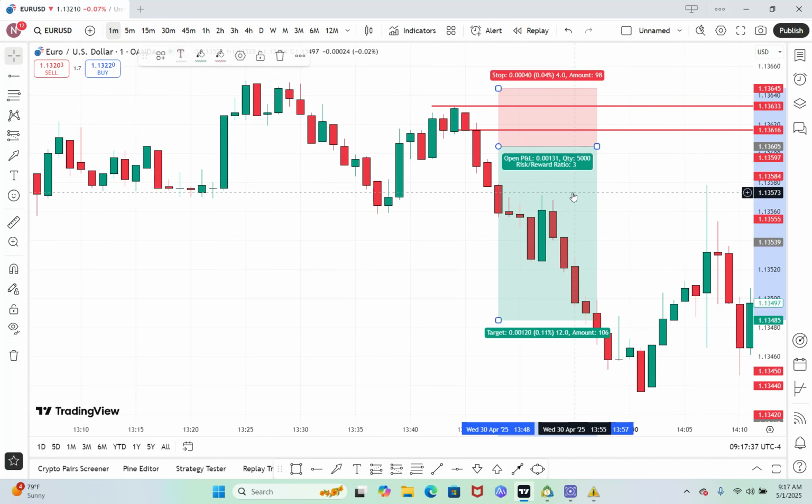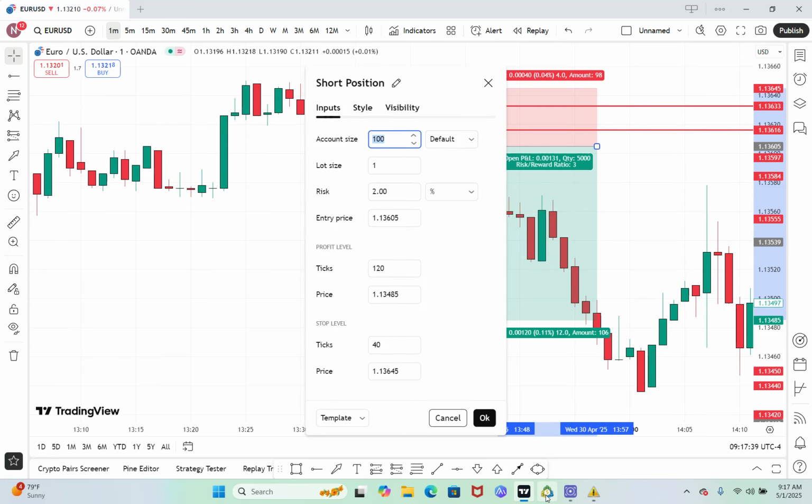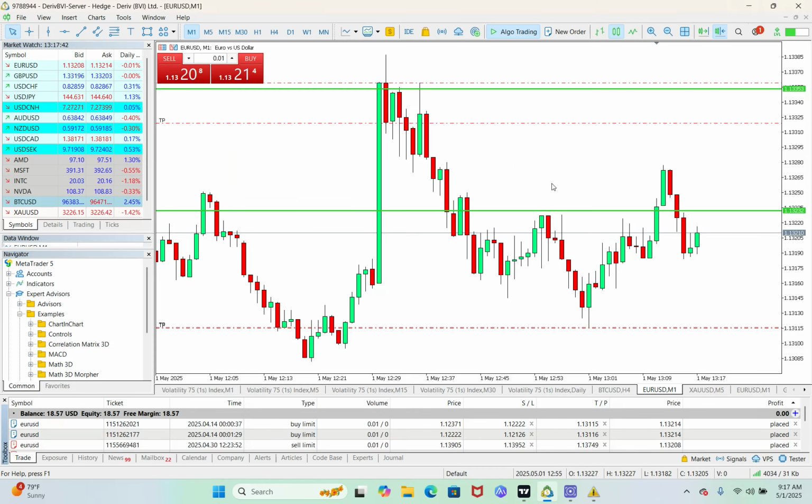So just go back to TradingView and put in the coordinates in MetaTrader 5.